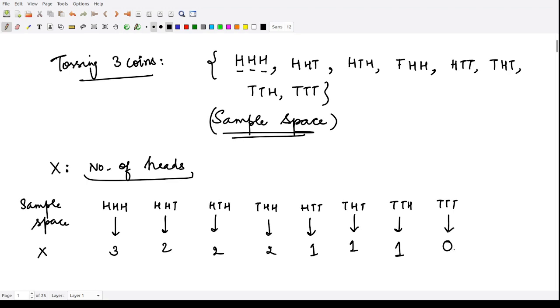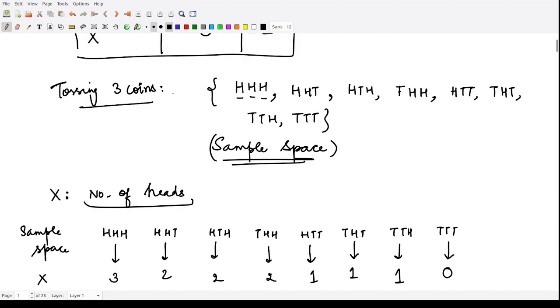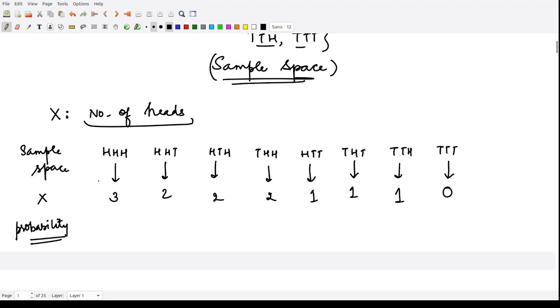So this is our random variable x, and corresponding to this random variable I can also describe the probability. All of these events have the same probability of occurring. There are 8 of these observations, so all have the same chances of occurrence, and the probability is 1 by 8 in each case.